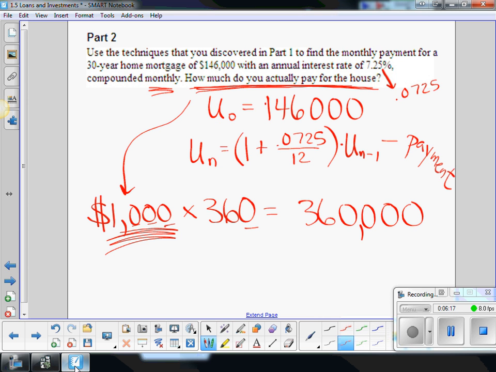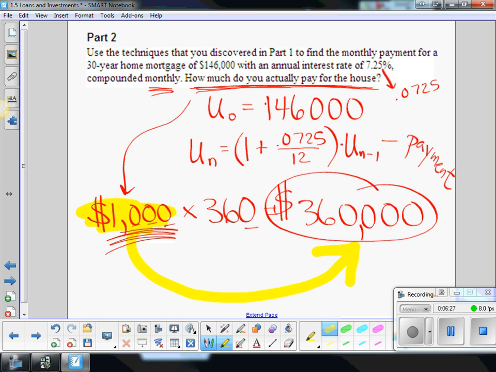So if $1,000 a month was your mortgage payment, you would have ended up actually paying, after 30 years, $360,000 for that home. So what you need to do is change this 1,000 to whatever number you find that works out for this problem.